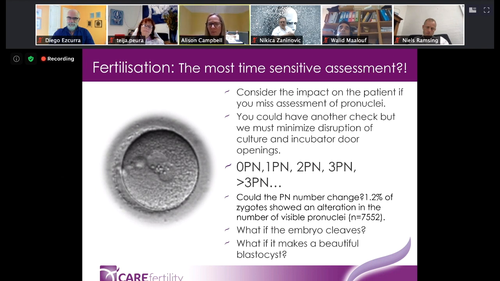Then it will cleave, but we haven't seen the fertilization, so many embryologists would not be confident to use it. We can go back later. If we have a complete failed fertilization, then we would automatically check later in the day. But we do try to avoid the disruption of the culture and opening the doors of the incubators in standard practice.